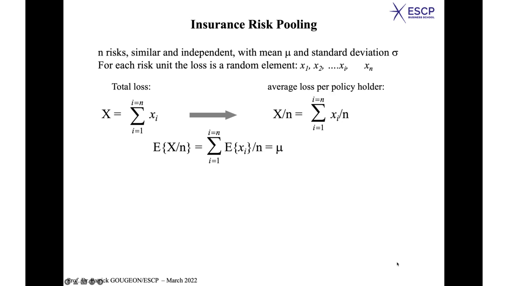The expected value, E of X over n, is the sum of all the individual expected losses over n. But since all risks are similar with a mean mu, the expected value of xi is mu. So you see that the expected value of capital X over n will be equal to mu, because what you have here in between would be n mu over n, which is mu.